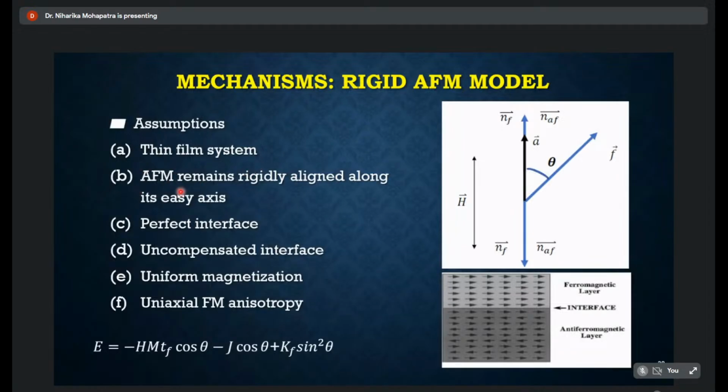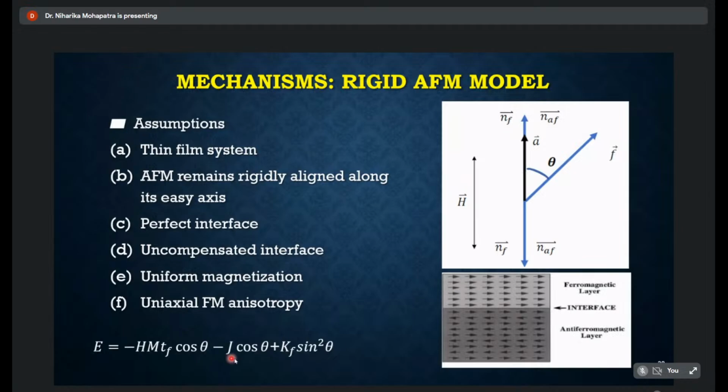The antiferromagnet is considered to be rigidly aligned along the easy axis, and we assume that this interface is a perfect interface. There is no roughness, no other defects over here, and there is uniform magnetization with uniaxial ferromagnetic anisotropy.